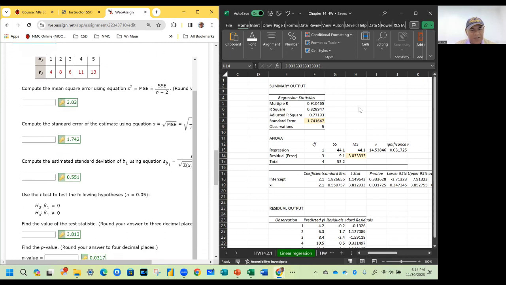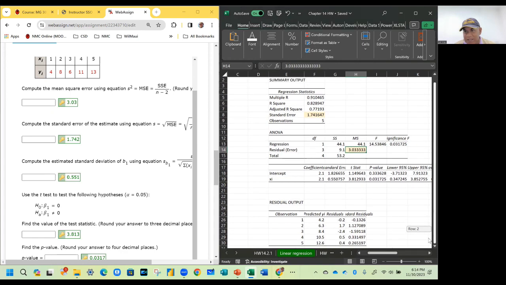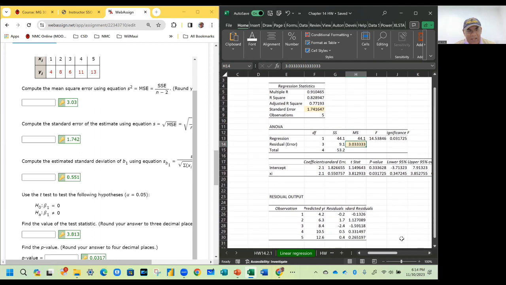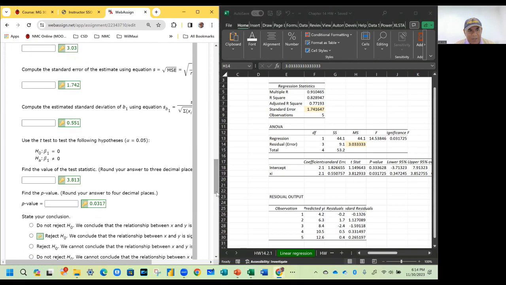Compute the estimated standard deviation, which is what, 0.05. And then let's see. That's the square root of your, right? Okay. Then let's see. It's this one, no?